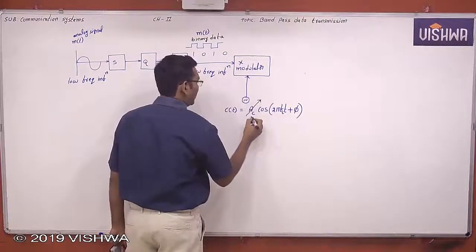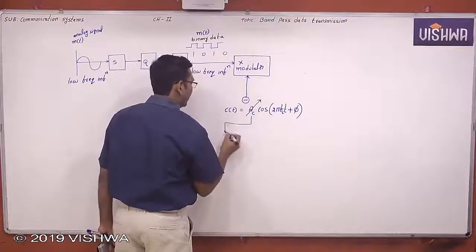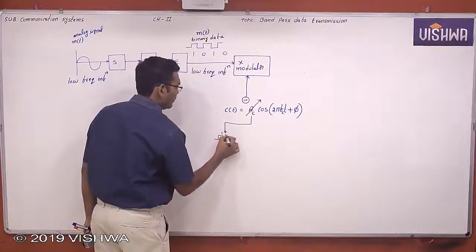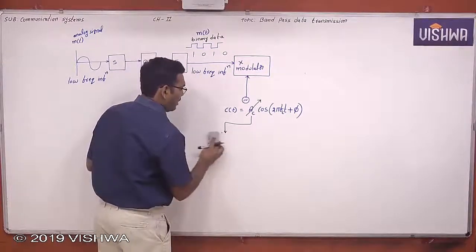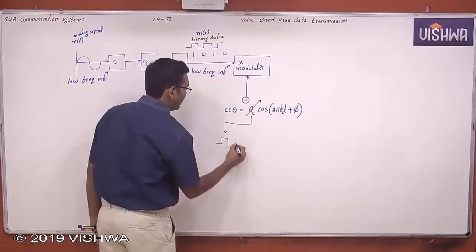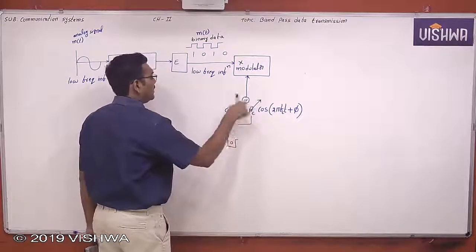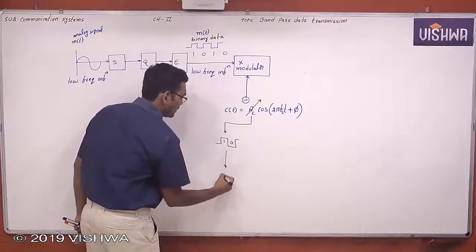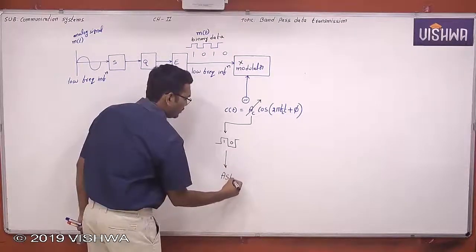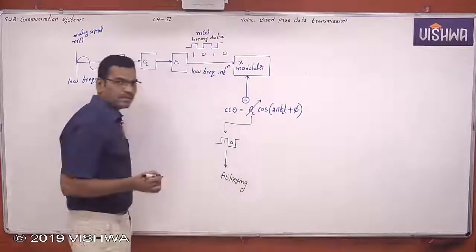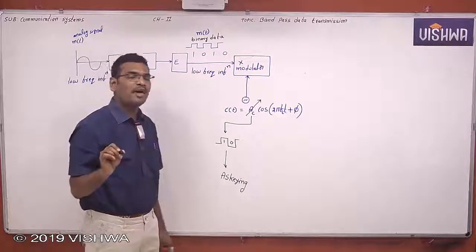If the amplitude of the carrier is varied in accordance with this binary data, then that modulation technique is called amplitude shift keying. Amplitude shift keying, similar to amplitude modulation.